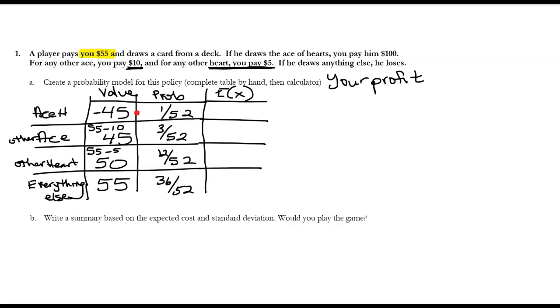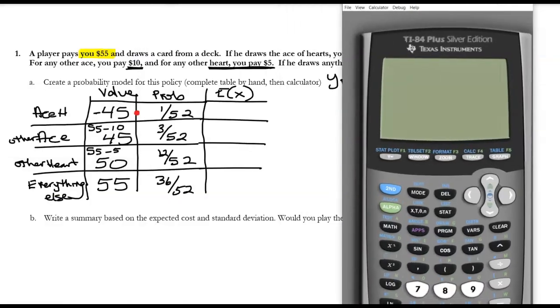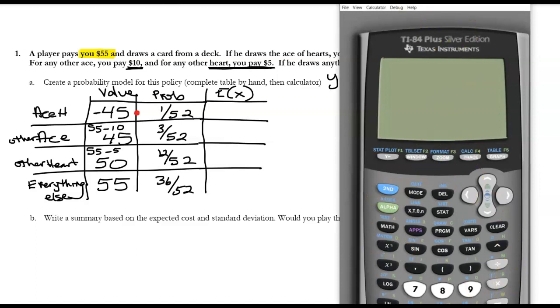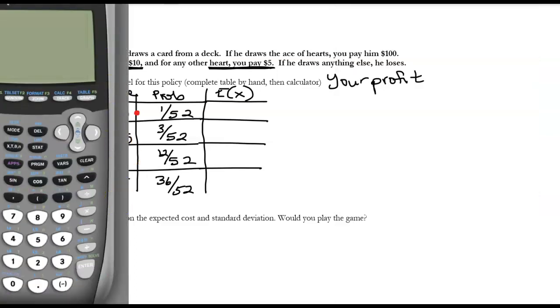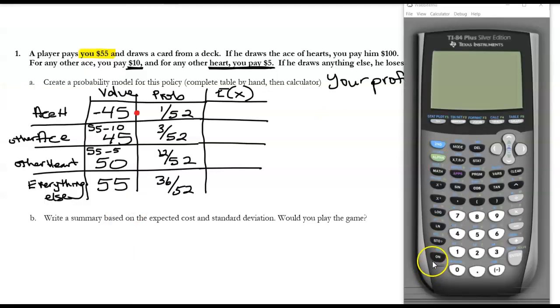Negative 45 times 1 divided by 52 gives me negative 0.865.